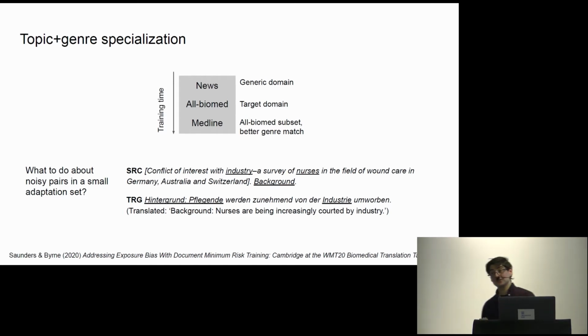The difficulty, as you get to a very small domain, is the impact of any noisy sentence pairs becomes huge. In fact, again, Medline is a subset of all biomed.